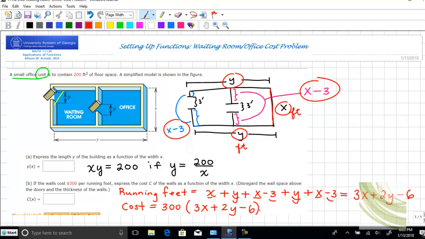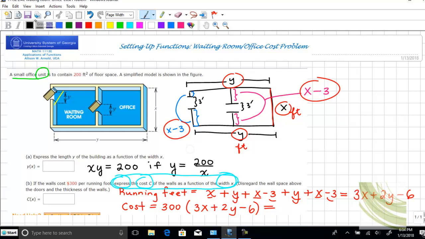But read your question again, and you always want to pay attention to the word express. Express the cost of the walls as a function of x.